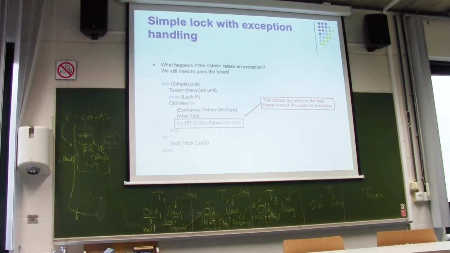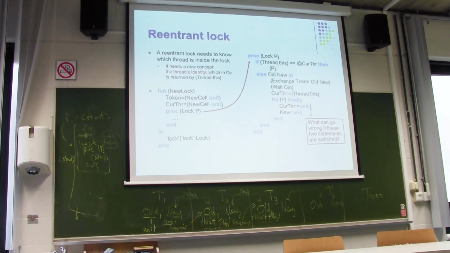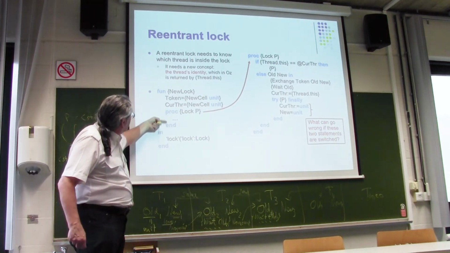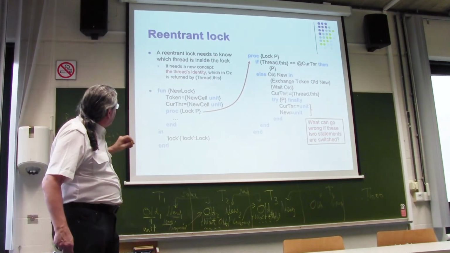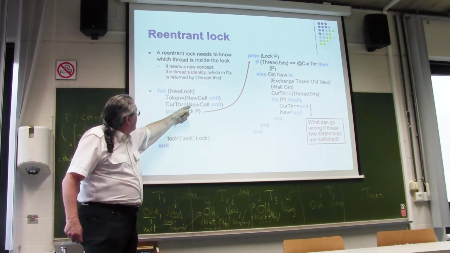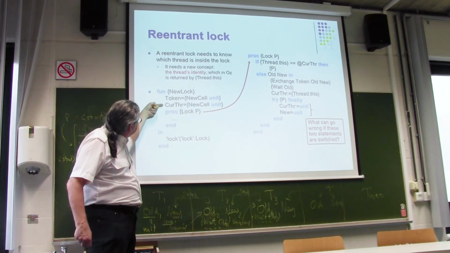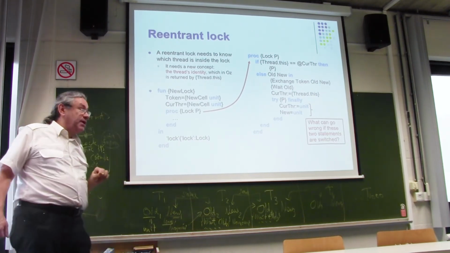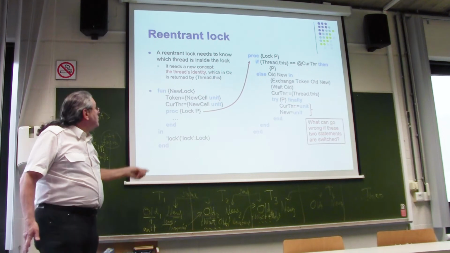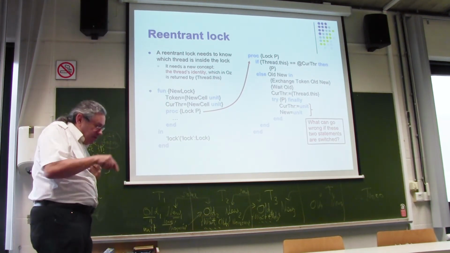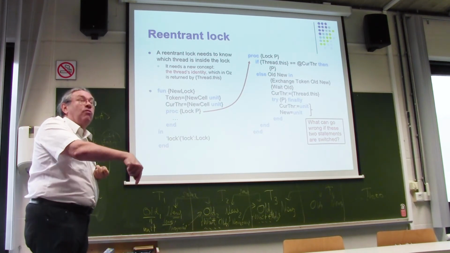So here's the code for the reentrant lock. So we're changing the lock procedure here. We have to add a new cell, sorry, current thread. This tells me which is the thread that's in the lock right now. So we have to know who was in there, because I have to see whether I'm the same as the guy that's already in.